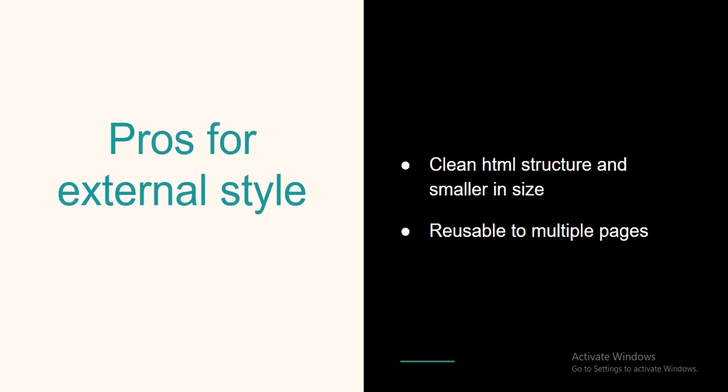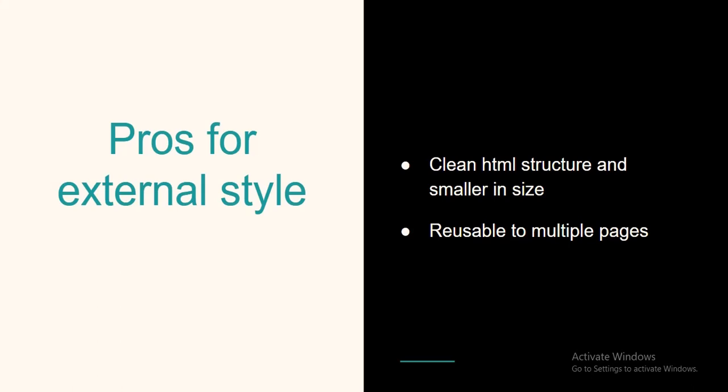Let's say you have an about page, a contact page, and a news page. There are styles that don't change across the website. Take for example the header or navbar and the footer, which are almost the same on all websites.